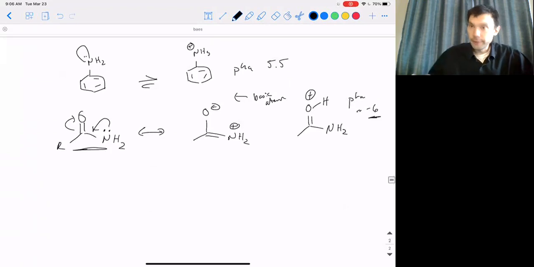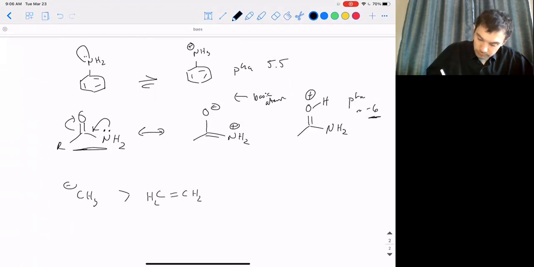There's another phenomenon with our basicity that we want to be aware of, and this is perhaps best viewed by looking at the strength of the bases of carbon.